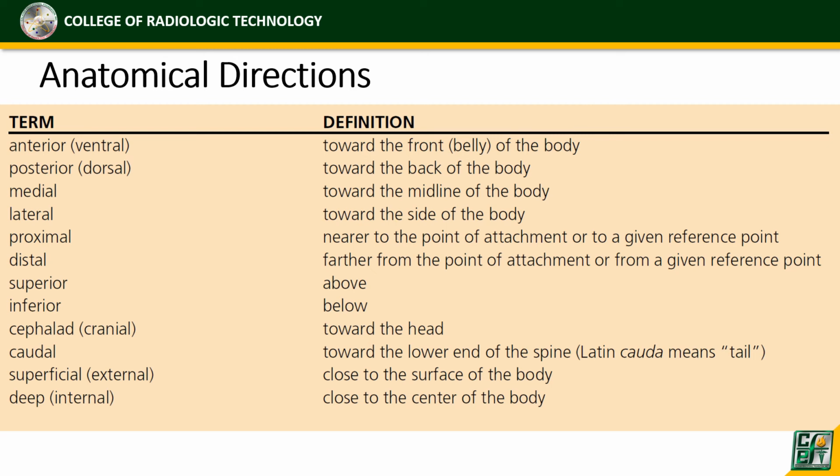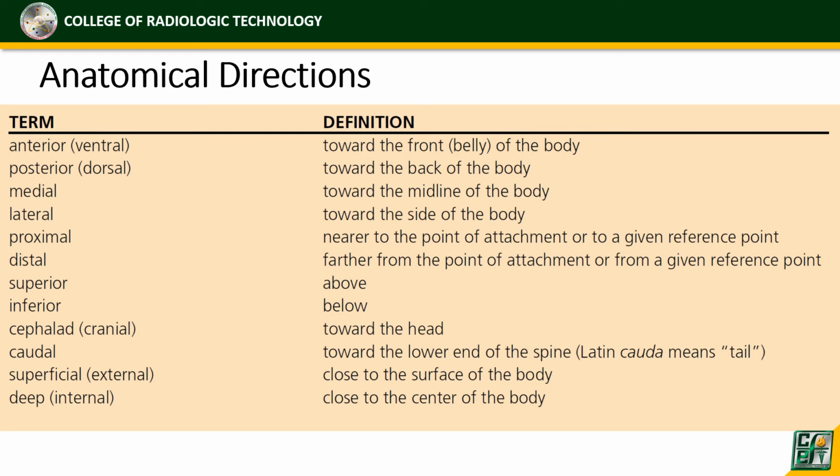As we said earlier, we always assume that the subject or the patient is in the anatomical position. In our forearm, there are two bones. We have the radius and the ulna. In the anatomical position, the radius is located laterally, and the ulna is located medially.